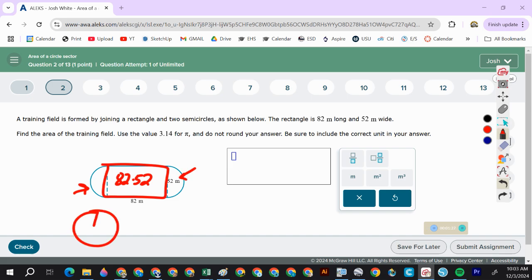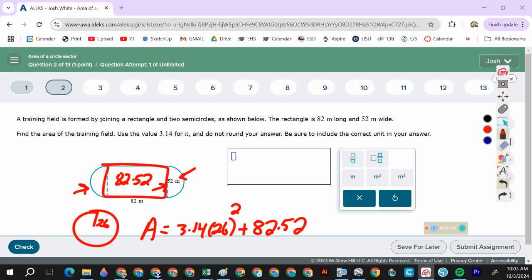And the radius of that circle is going to be half of that 52, so 26. So the full area is the area of the circle, 3.14 times 26 squared, plus the area of the rectangle, 82 times 52. And that will give me the full area in units squared.